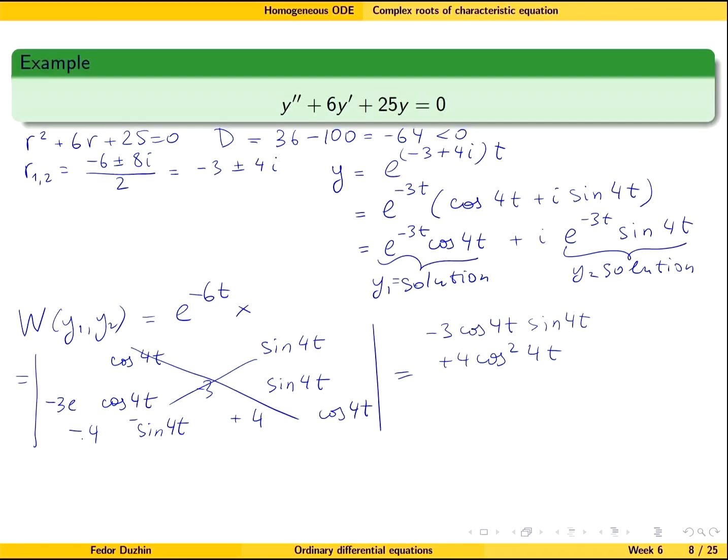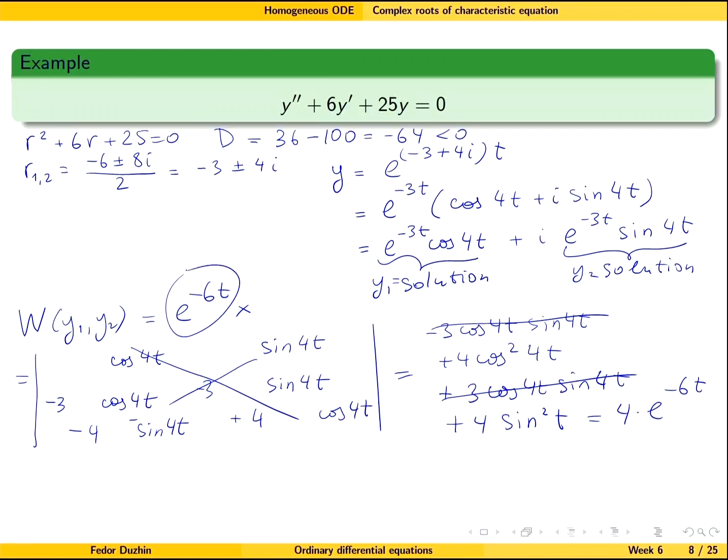But then we have minus and minus, which gives plus: plus 3 cosine 4t sine 4t plus 4 sine squared 4t. The cross terms cancel together, and cosine squared plus sine squared is 1, so we just have 4 times e to the minus 6t, because we took it out.